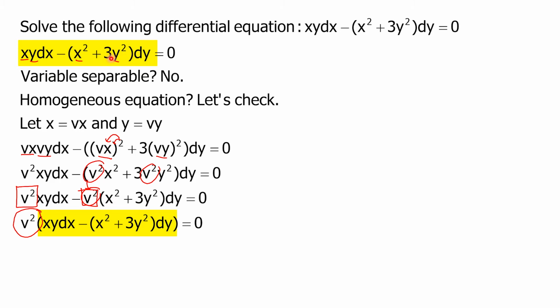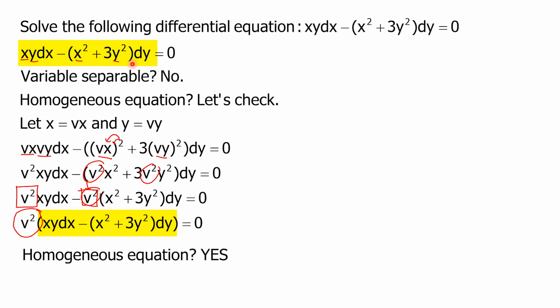Okay ha, recap lang ta. Kapag dili siya variable separable, check din mo siya if homogeneous ba siya. So, how to check? Let x equal to vx and y equal to vy. So, substitute, simplify, and etc. Kapag kani siya is equal sa imuhang original na equation, then we can confirm na yes, homogeneous equation siya. Okay, so kato na process is just checking.